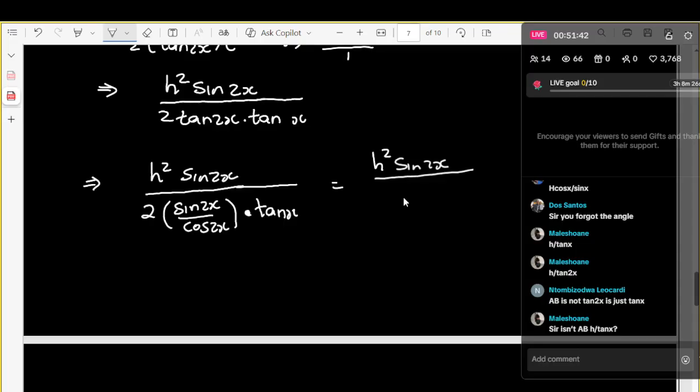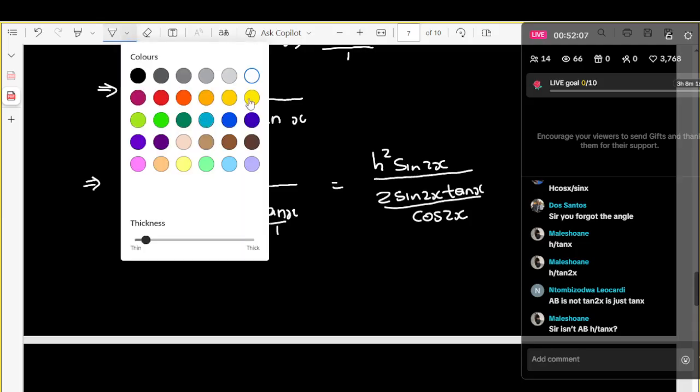So the top part will give me 2 sine 2x, the tan x, and everything is divided by the cos of 2x. So this is what I have. I can change the division into multiplication, but when you change the division, you need to pay attention to this part here, because this is where we have the division.